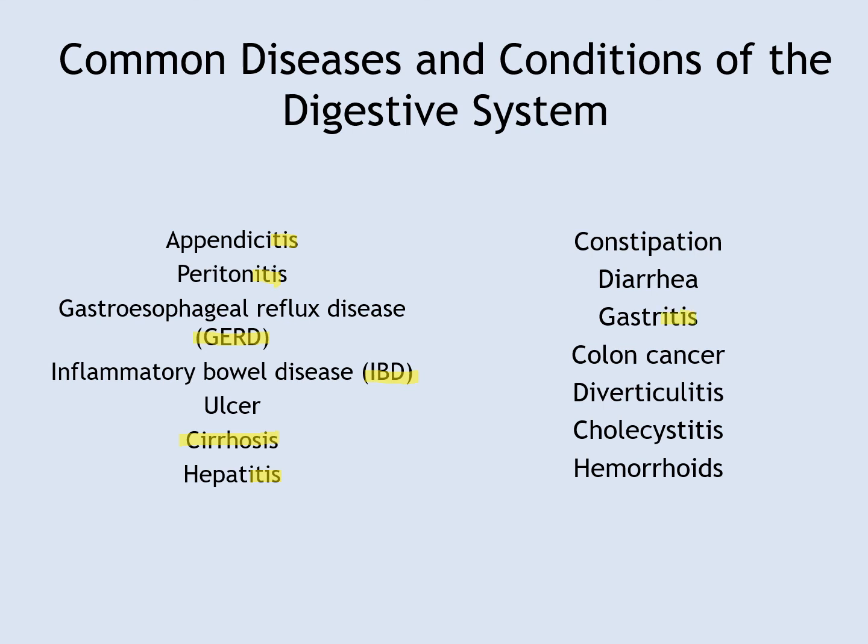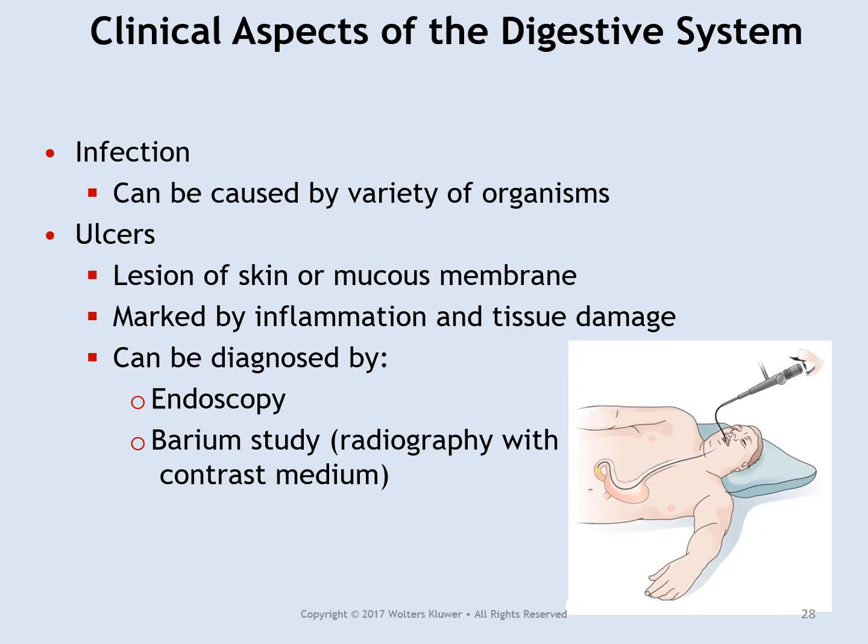Here we're seeing gastro or stomach inflammation, colon cancer, diverticulitis. We'll get into that one a little bit more, but you can already see it's going to be an inflammation of something in the digestive system, cholestasis, and hemorrhoids.